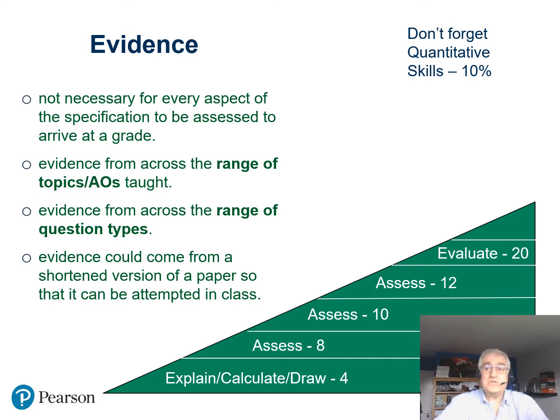Your learners won't have done the research, but a student should still be able to achieve a grade A in normal circumstances in paper 3 without doing any research. So there should be enough material in the extracts A to H for students to demonstrate their skills. And of course, in paper 3, all the questions are levels of response questions.